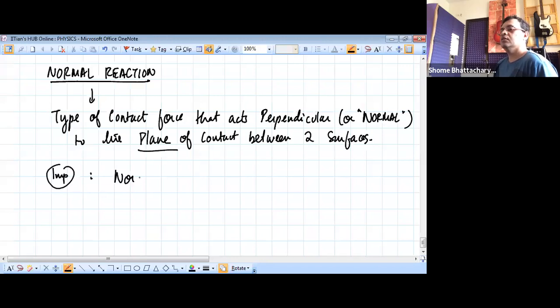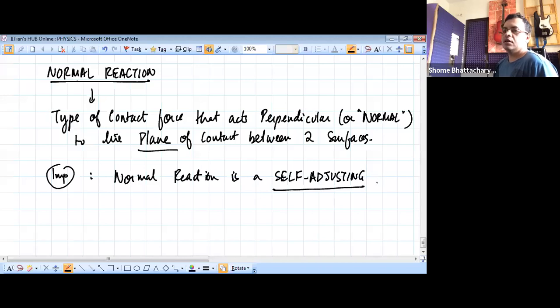Now, very important. Normal reaction is what we call a self-adjusting type of force. That means it adjusts itself in value, that is magnitude and direction, according to the external forces. Let me explain what I mean by self-adjusting through some examples.